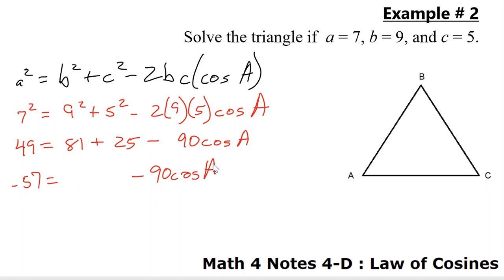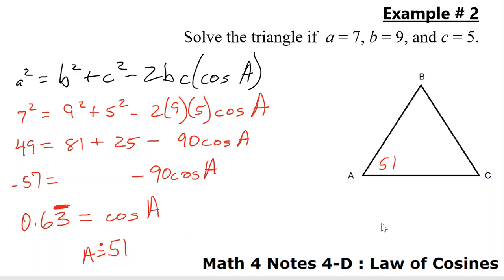Then when I divide both sides by negative 90, interesting, I get 6 and a repeating 3 for a decimal for cosine of A. And when I say second cosine, second answer, it gives me that A is about 51.